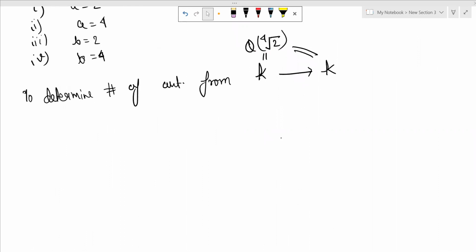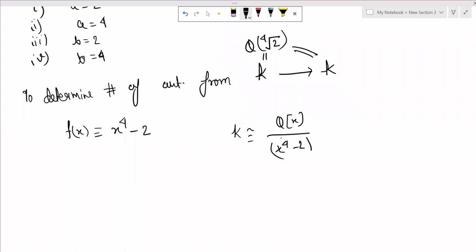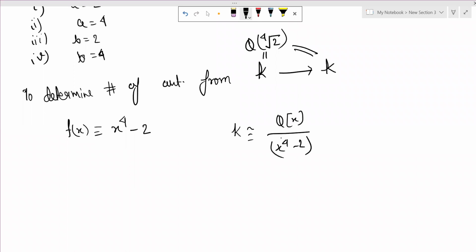Let me start with this polynomial, x to the power 4 minus 2. So K is basically this field, Q[x] mod x to the power 4 minus 2, under the isomorphism I gave above.